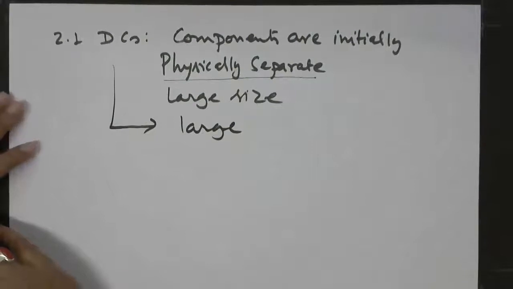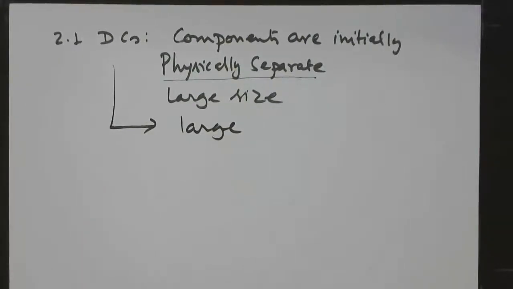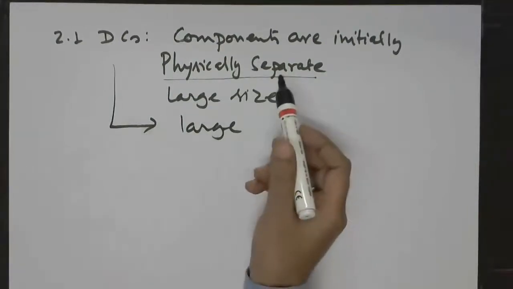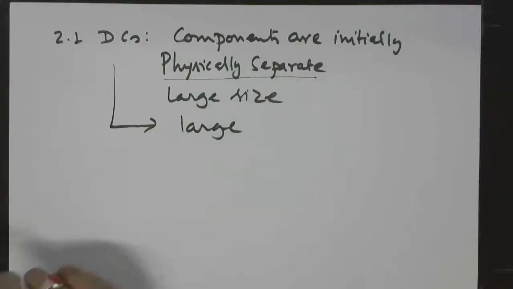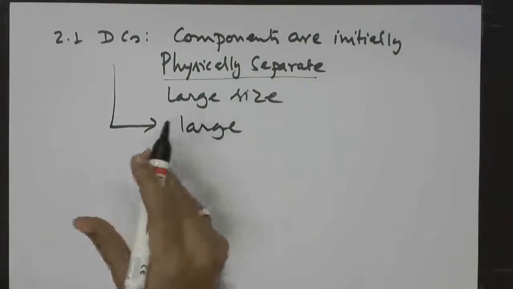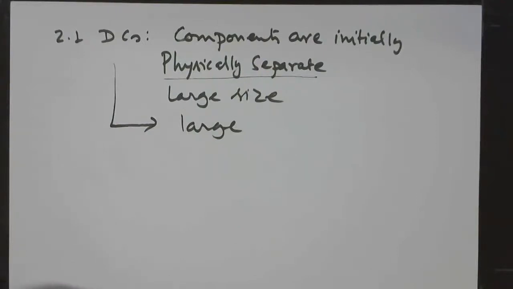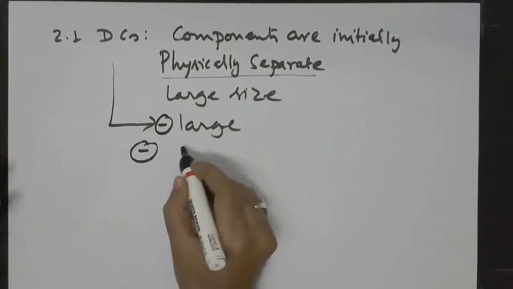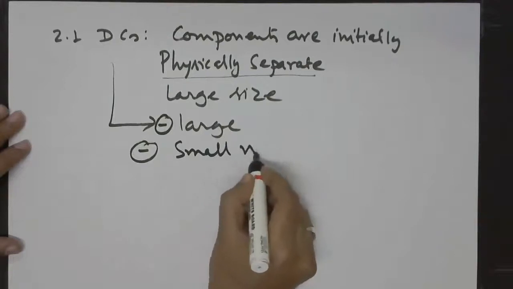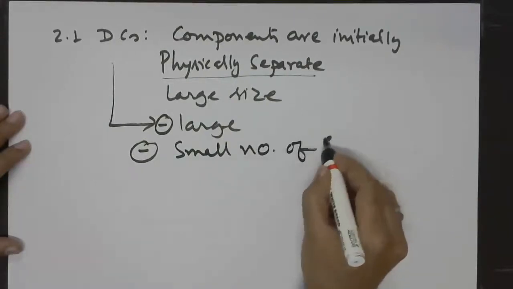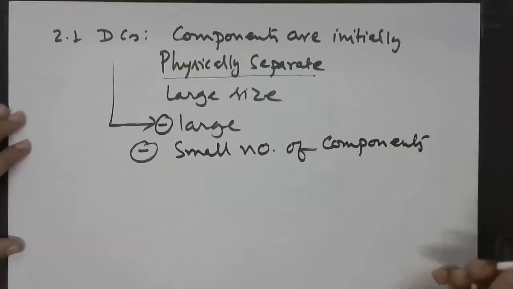Their size will typically be of the order of a few centimeters by a few centimeters. And here, of course, you can interconnect only a small number of components to form a circuit. So the disadvantage is that they are large and only a small number of components can be interconnected.